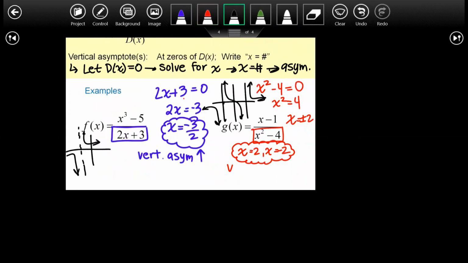It can look kind of weird, where it splits into 3 different graphs. So it is okay to have 2 asymptotes. Don't worry about that. We're going to graph it tomorrow. Don't freak out. Easy to find the vertical asymptote, right? Set the bottom equal to 0. Solve it. Next value.